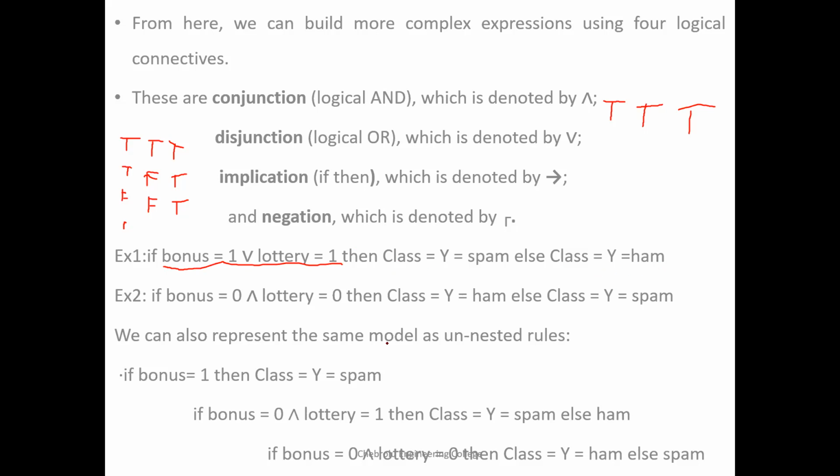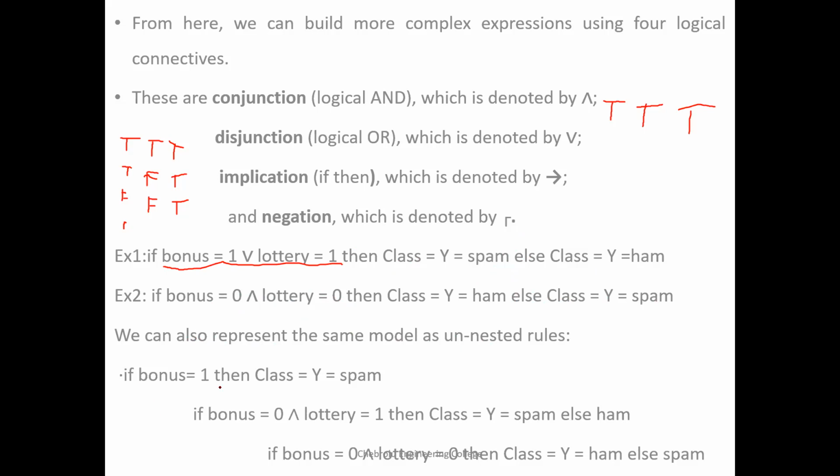It is good. If bonus equal to 0 and lottery is 0, then class Y is equal to ham. Else class Y is equal to spam. So both represent the same thing. Example 1 represents the same thing. Example 2 represents the same thing. We can also represent the same model as unnested rules.